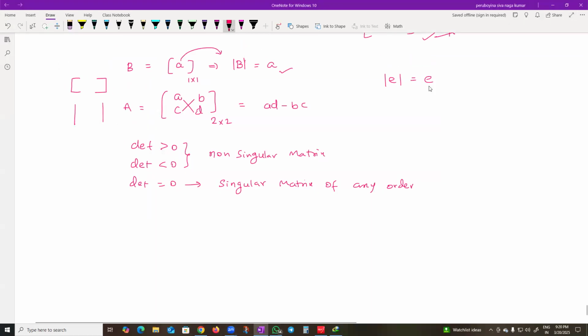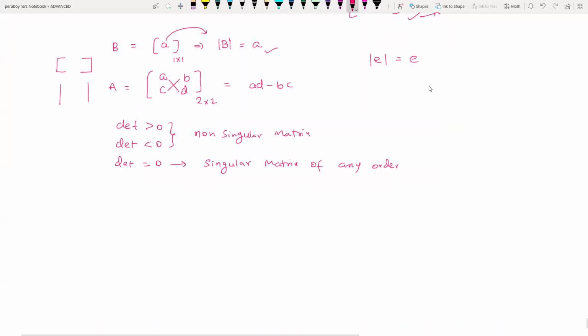Okay, and next, the determinant will be calculated for 3 by 3. We saw the 1 by 1 matrix determinant: the element itself is the determinant of the 1 by 1 matrix. If you are dealing with a 2 by 2 matrix, we will use the AD minus BC formula. The determinant can be positive, negative, or 0.